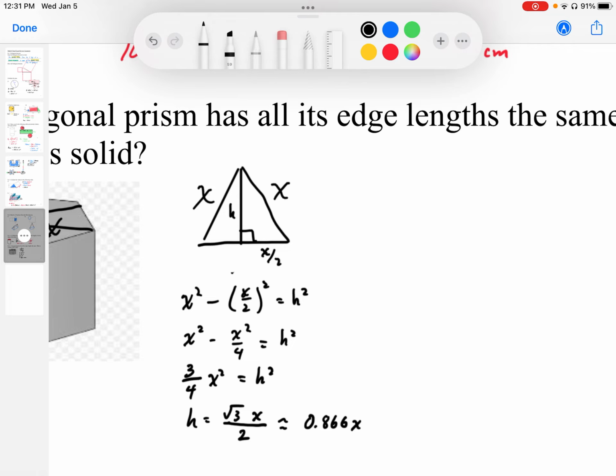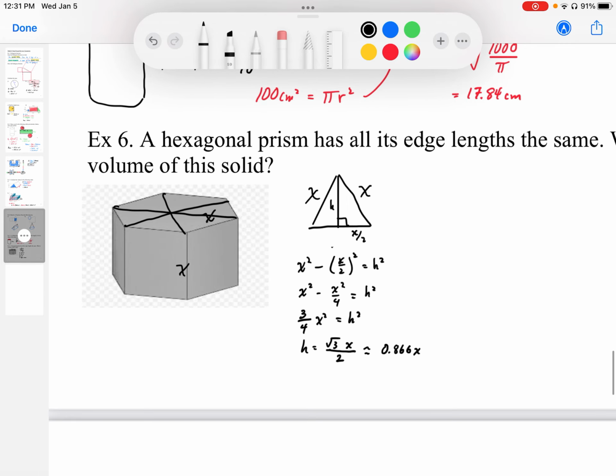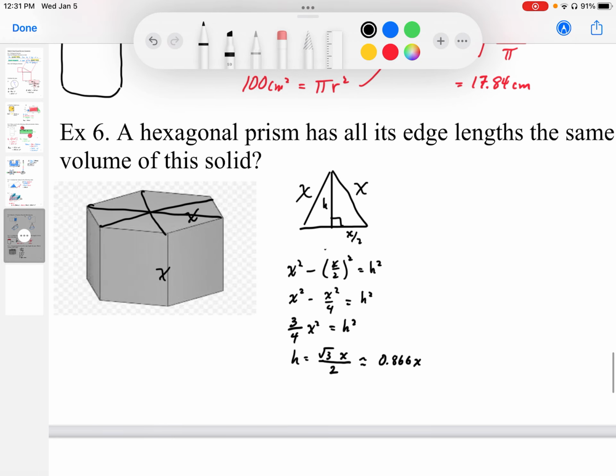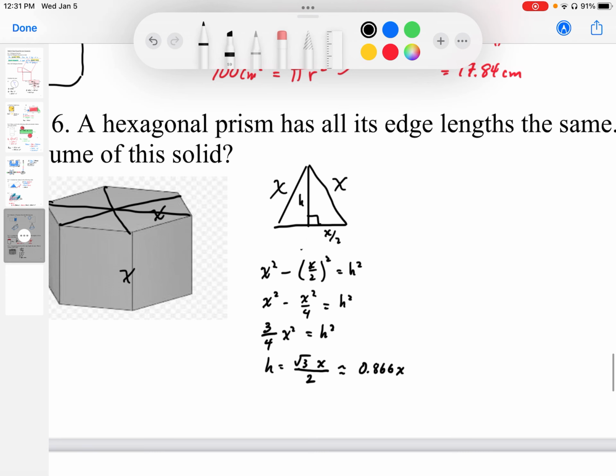So this definitely is a challenge problem in that we're having to use variables, we're having to use Pythagoras, and we have to negotiate this hexagon. I'm going to first of all find out the area of this triangle.